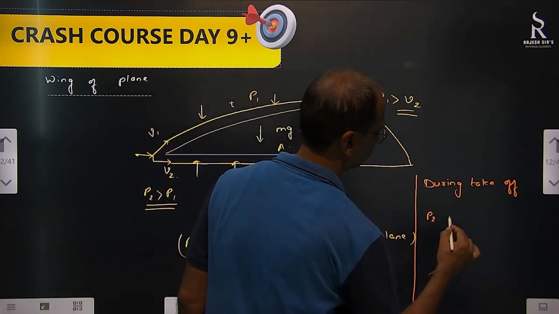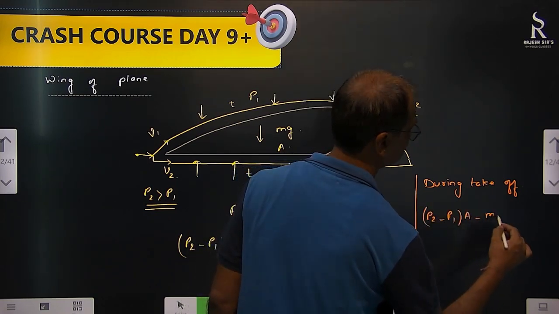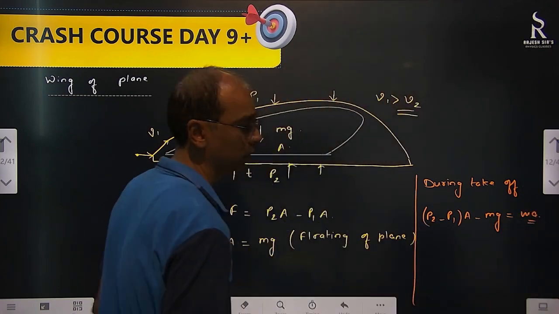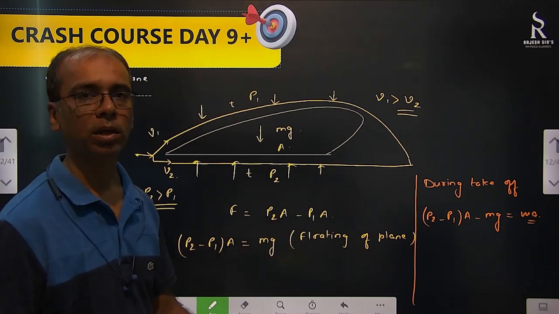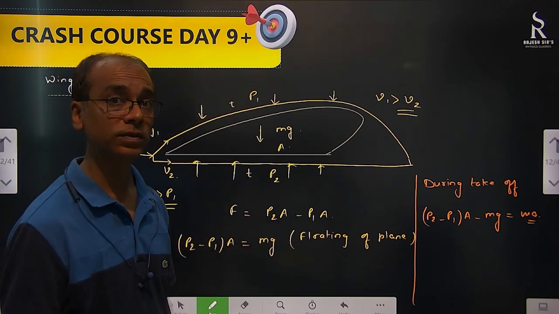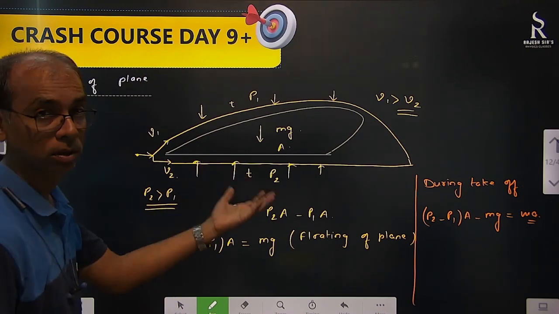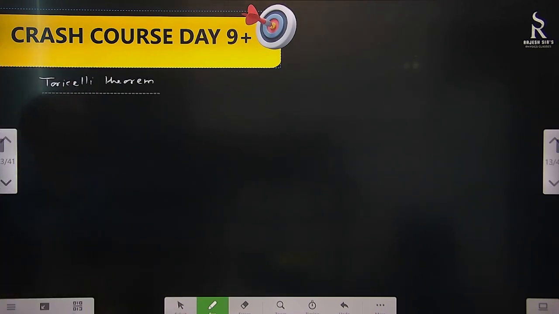(P2 minus P1) into A minus mg equal to mass into acceleration, with whatever acceleration we are going up. This minus mg equal to ma. Okay, that's for takeoff. So this is wing of a plane, or how takeoff happens and how floating condition of a plane happens.